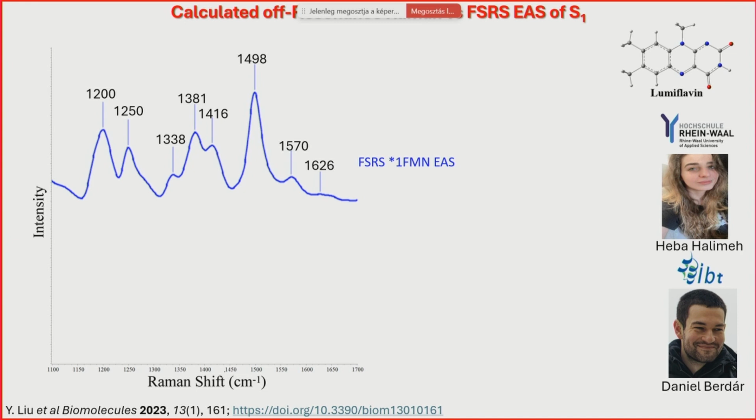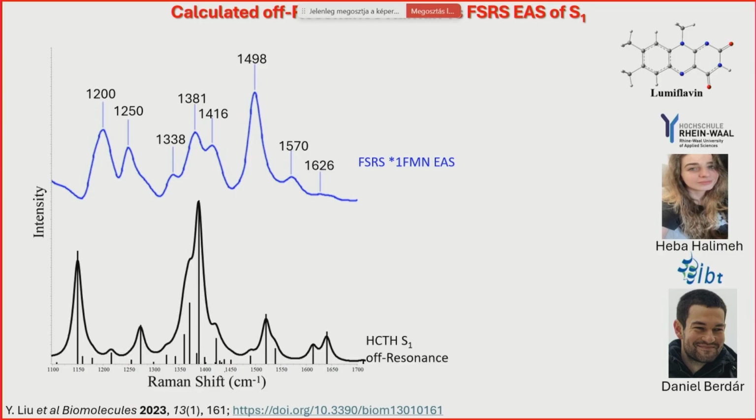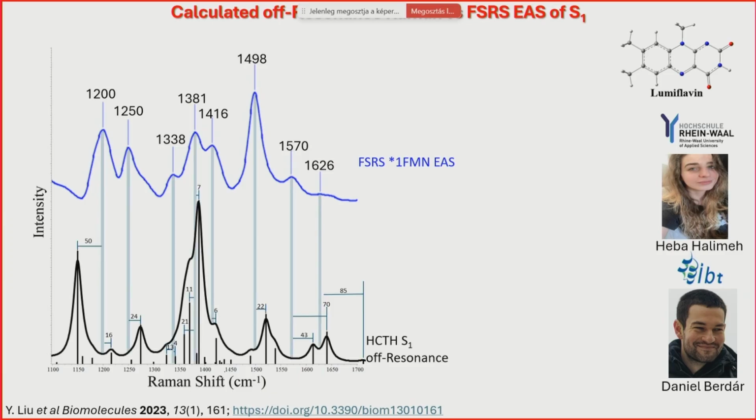Again, we take the experimental spectrum. Here is the evolution-associated spectrum of the equilibrated first excited state, and we calculate the off-resonance spectrum. I chose this functional here, which is a DGA functional, not a hybrid like B3LYP. We see that there are a lot of computed vibrations here, and we can try to do some association between the experimental and computational bands.